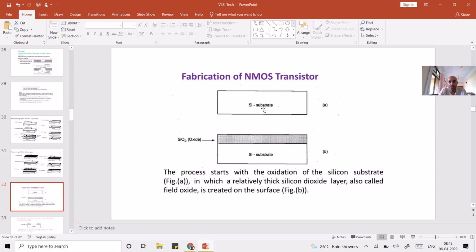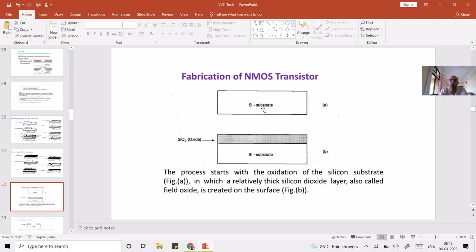And because MOSFETs are surface devices, in this surface you want some space between the layers to move the charge carriers, particularly in the enhancement type of devices. That was not possible, so you were not able to fabricate it. Then people thought about various orientations, and the 100 orientation.